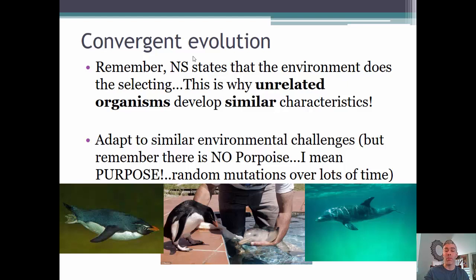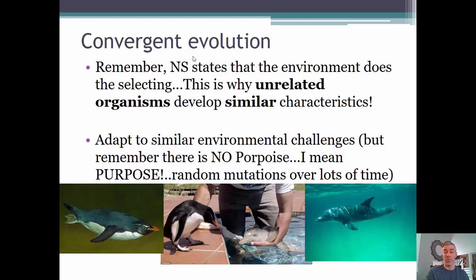or similar environmental challenges. So, for example, the penguin, which is a bird, no longer flies or uses its flippers to fly. It lives in the Arctic and some in the Antarctic. The same thing's true with the dolphin. They look very similar. They're streamlined in shape, with the ability to go through the water quickly. The dolphin is a mammal that developed this.